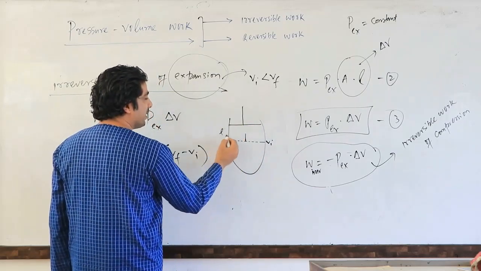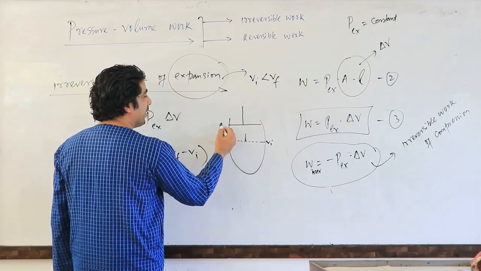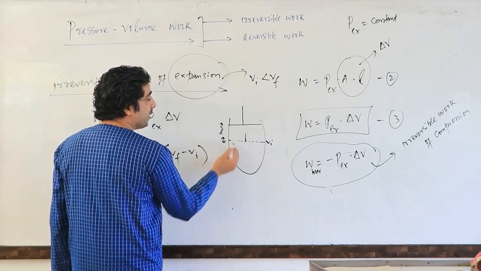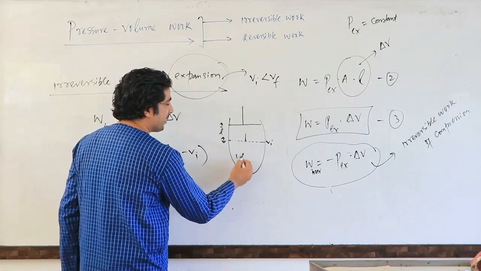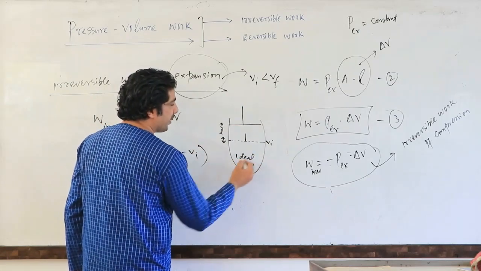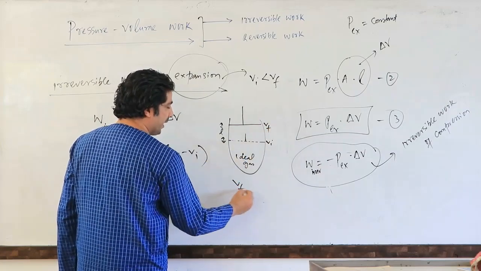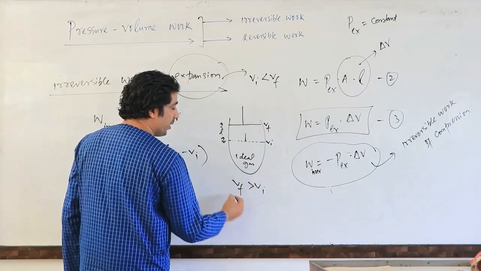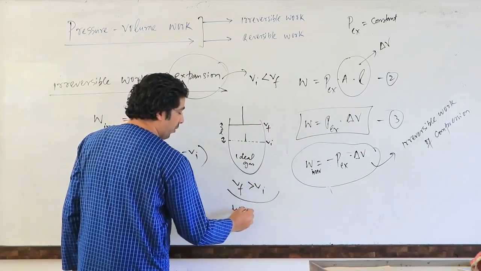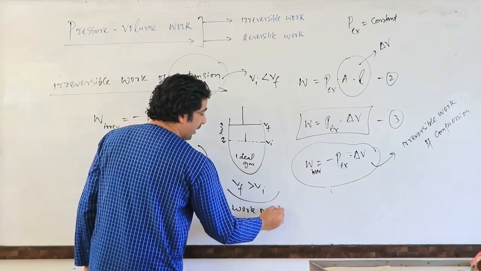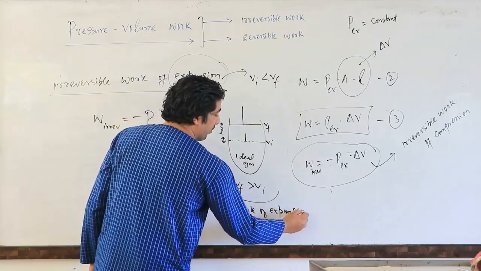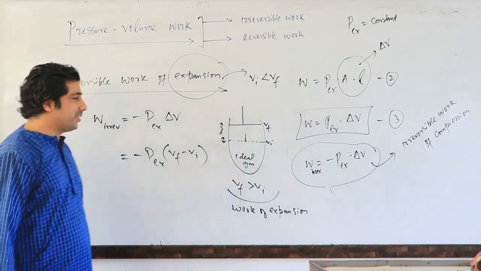So it will cover a distance L. Which gas? Ideal gas is expanding. So this is the initial volume and this is the final volume, and obviously the final volume is greater than the initial volume because we are doing the work of expansion of gas. And this is also irreversible because this process cannot be reversed.